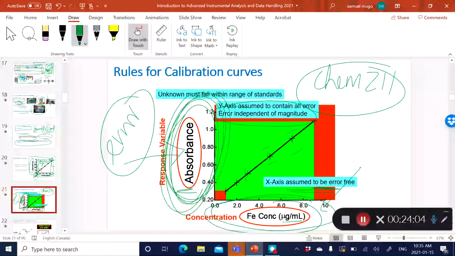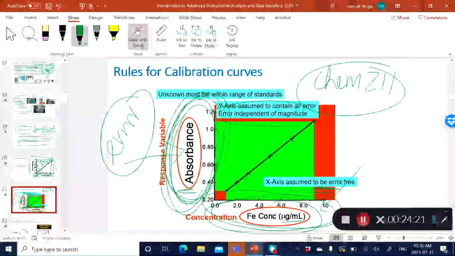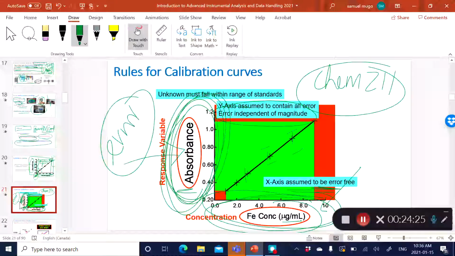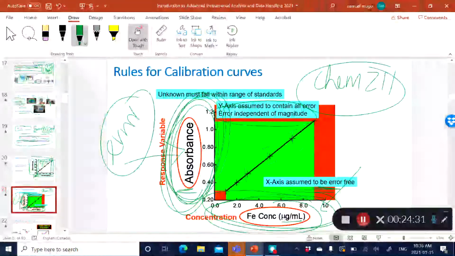You are taught how to do quantitative transfer and so on, very, very accurately. And the purpose for doing all that was to make sure that there is no error in the x-axis at all. You are taught to even calibrate things like pipettes, to calibrate the micropipette and so forth. And that is the reason, so that you make sure that the concentration of the standards is very, very accurate. So take note of that.